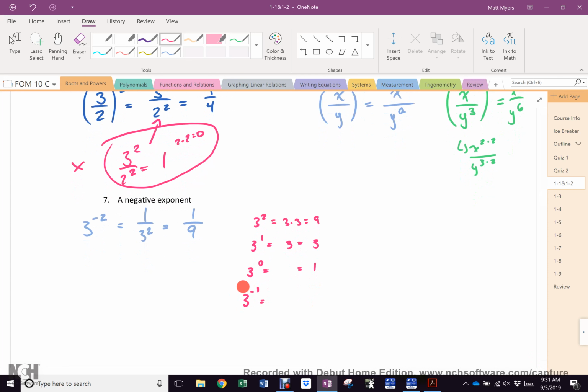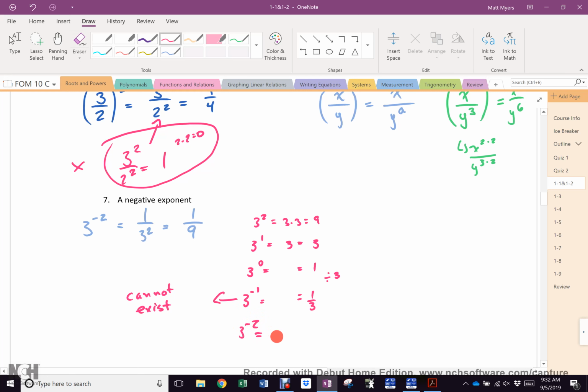No, it's impossible. These cannot exist. But we're smart people. We recognize we divided by 3. So what is logically going to happen here? I'm going to divide by 3, which is 1 over 3. Everybody cool? Okay. So logically, 3 to the negative 2. I can't write that.